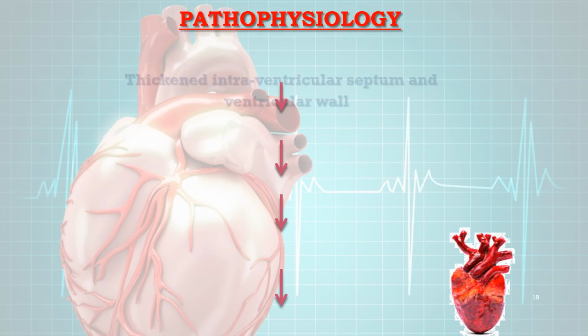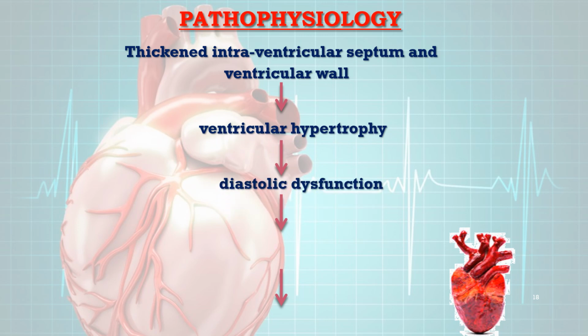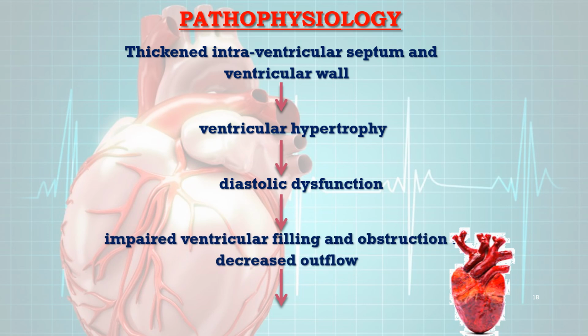The pathophysiology shows a thickened interventricular septum and ventricular wall that leads to ventricular hypertrophy. Because of ventricular hypertrophy, there is a diastolic dysfunction of the ventricle that leads to impaired ventricular filling and obstruction of outflow that leads to decreased cardiac output.